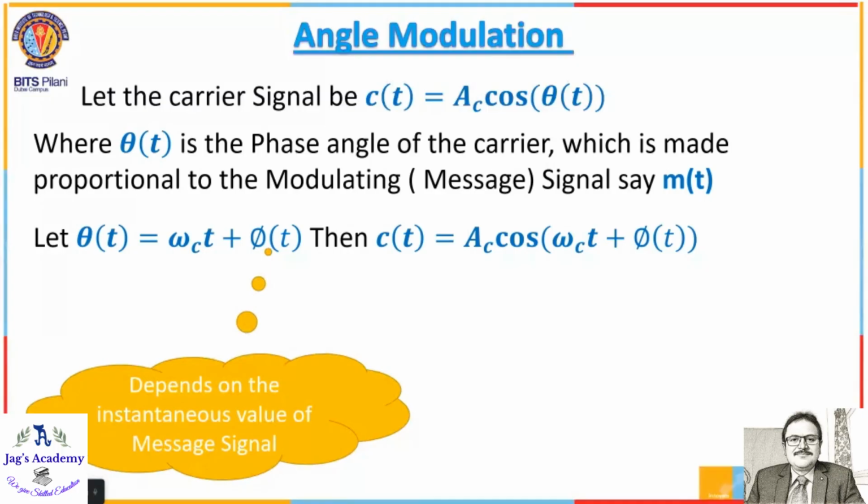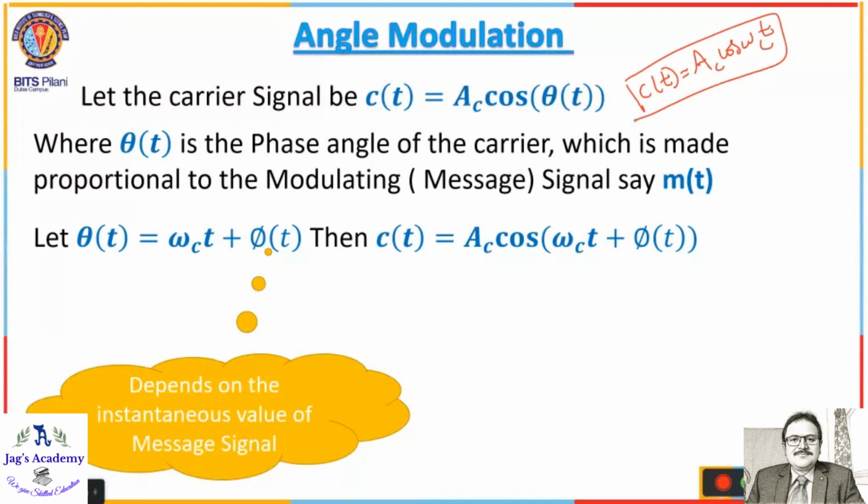Suppose I say c of t is equal to Ac cos of omega ct, can you tell me what this is? Tell me. This is a carrier wave, right?